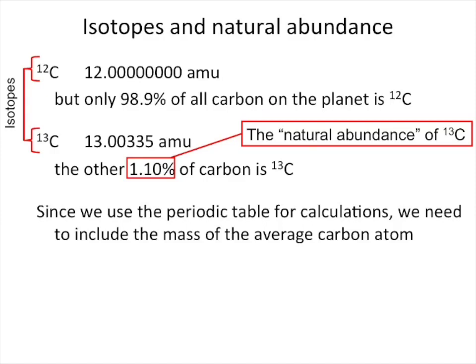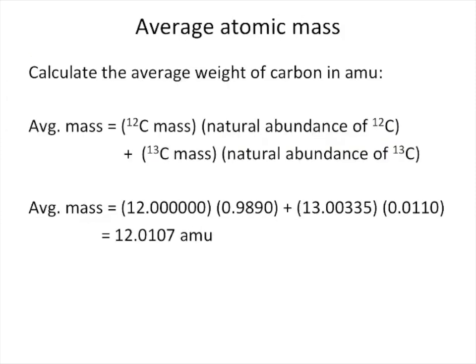For every 100 carbon atoms, say, that you pull out of the ground, one of them is a carbon 13 atom. And so we need to average these all together when we do calculations with the periodic table, because we're dealing with many, many more atoms than 100 anytime you do chemistry. To calculate average atomic mass, you do a calculation something like this.